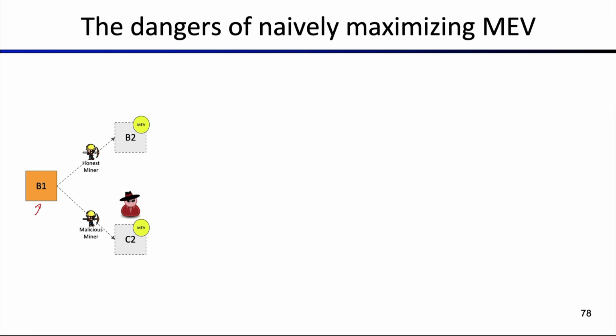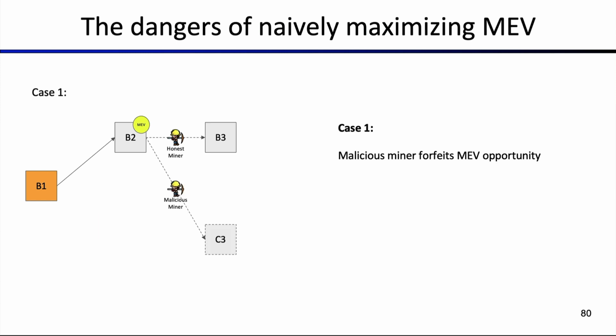There might also be a malicious miner, and this malicious miner would like to extract this MEV opportunity. Now the question is for the honest miner: the honest miner would like to continue mining on B3, so this is certainly one case, but this means that the malicious miner will basically forfeit the previous MEV opportunity. And why would the miner do that?